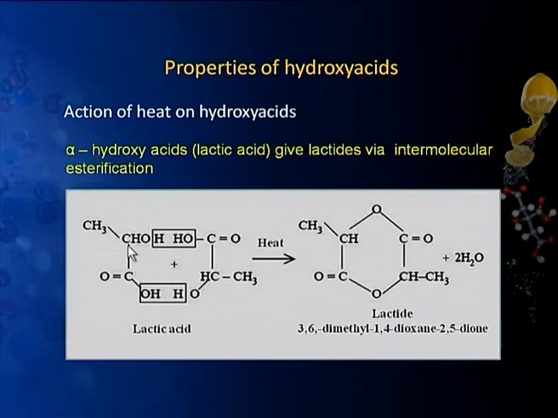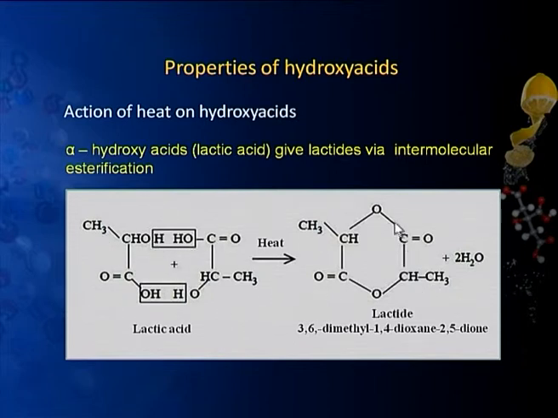This is CH3CHOHCOOH, lactic acid, and this is another molecule of lactic acid, CH3CHOHCOOH. On heating, the OH group of one lactic acid molecule with the carboxyl group of another molecule eliminate a water molecule here, and similarly the carboxyl group of this molecule and the OH of another molecule eliminate water.